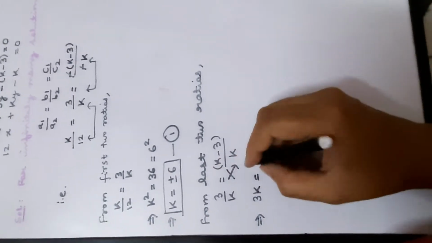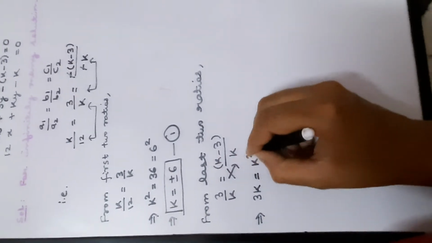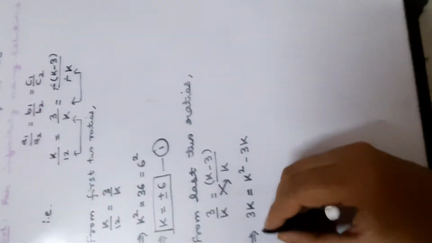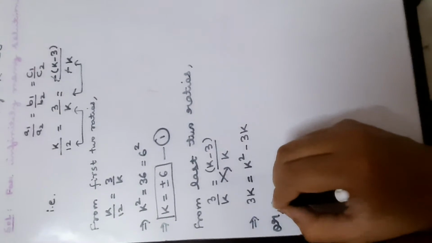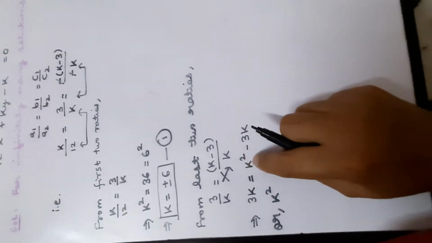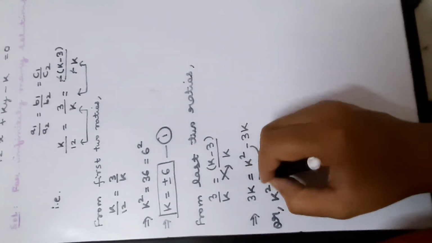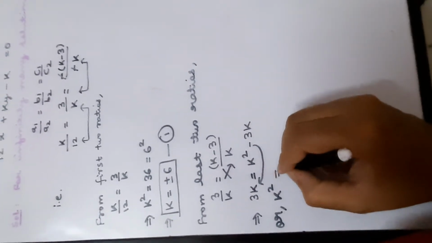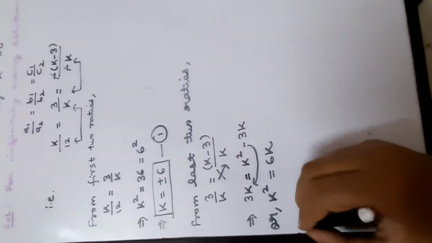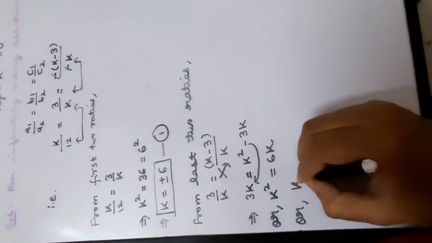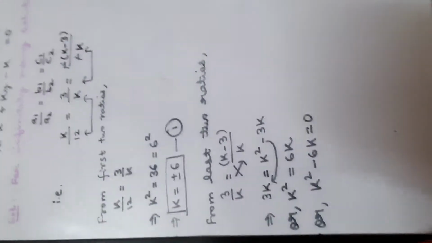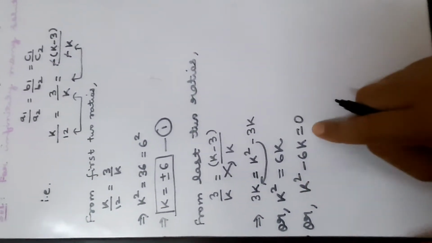K into k, k square, and k into minus 3, minus 3k. Or rearranging beta, k square on one side, minus 3k when it comes to that side will become 6k. So k square is equal to 6k. You may rearrange according to your own comfort, but ultimately you will be getting this equation.